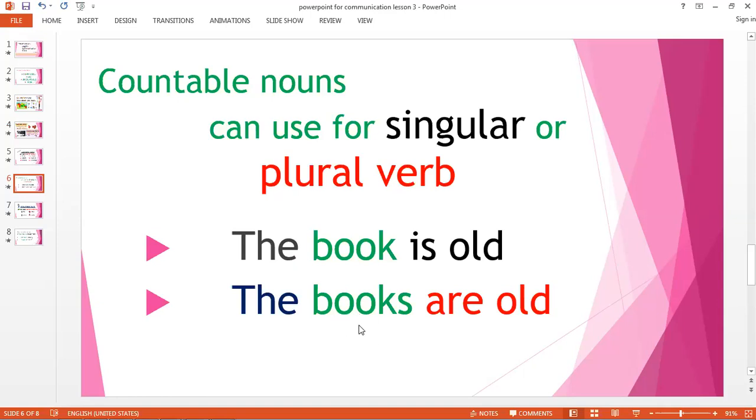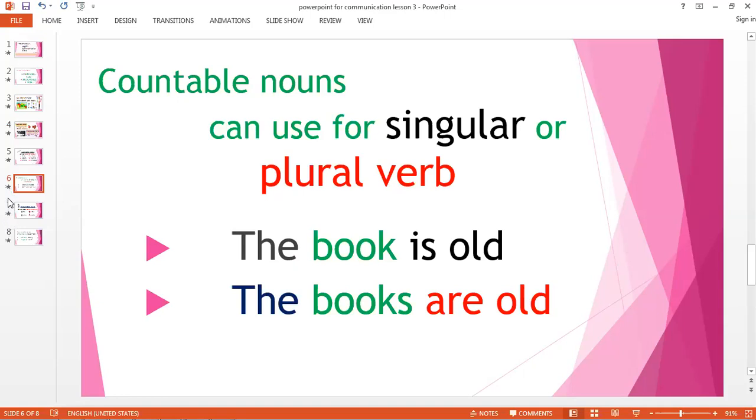The books are old. A plural noun should have a plural verb: are old. A singular noun should have a singular verb also. They should go together. If singular, use a singular verb; if plural, use a plural verb. Okay?